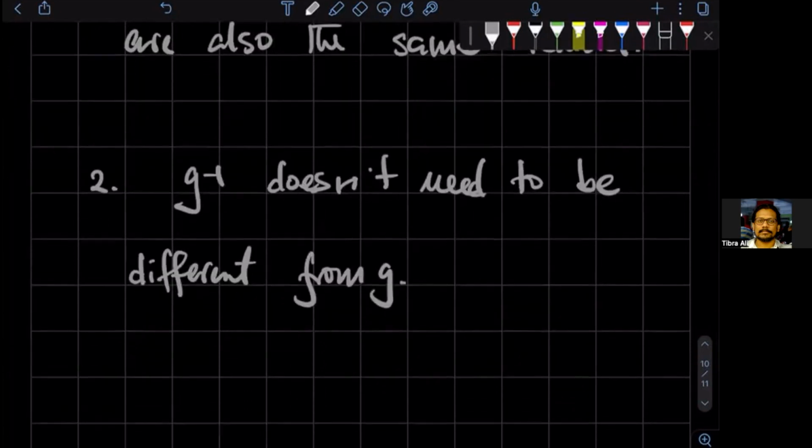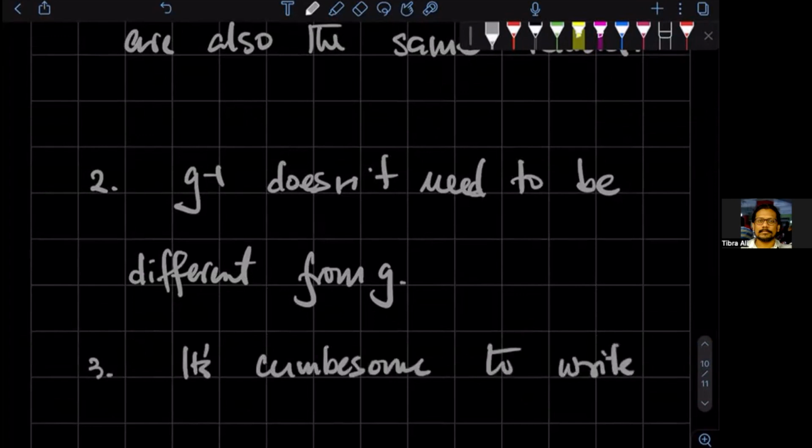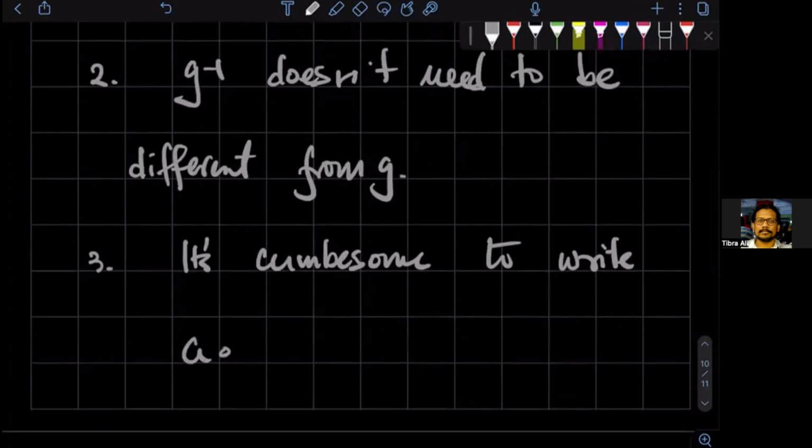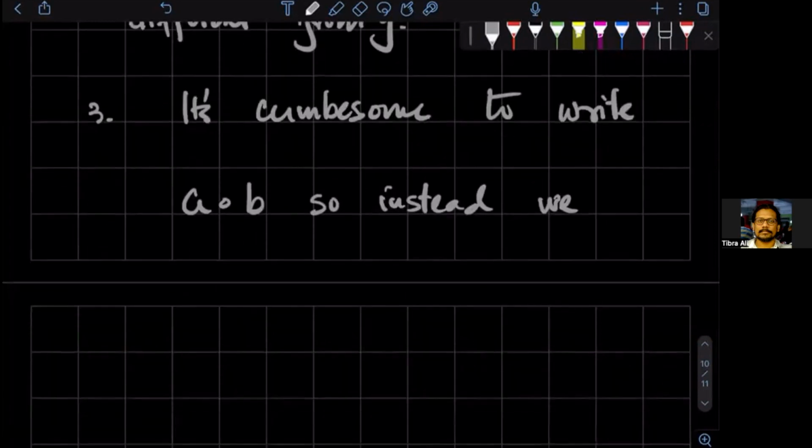Okay. Number three is that it's very cumbersome to always write, say, A times B in that way. So instead, we shall use the notation AB, okay?